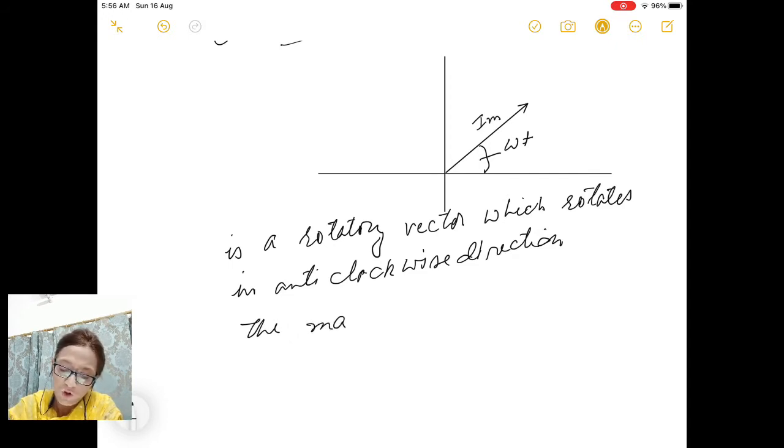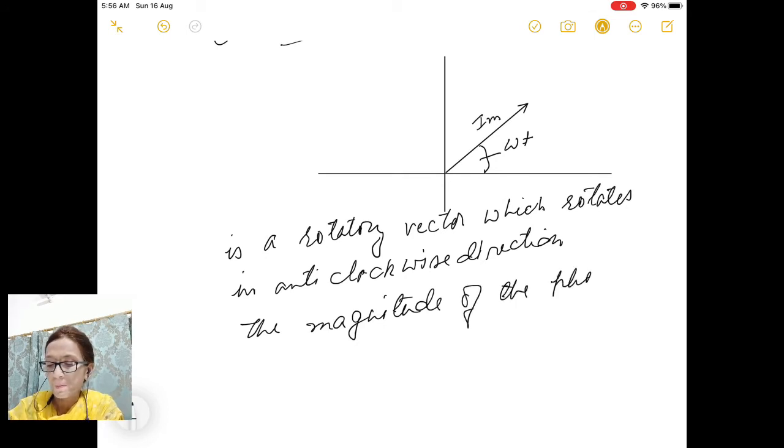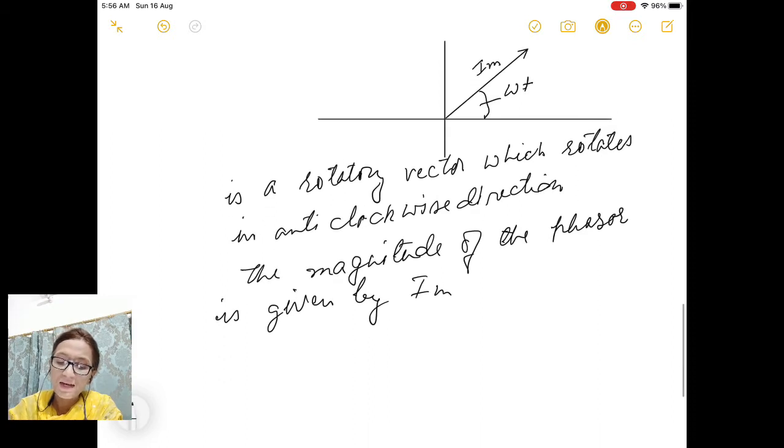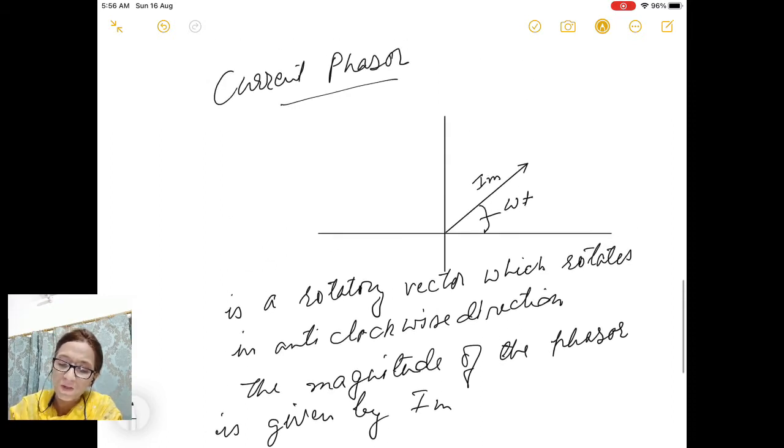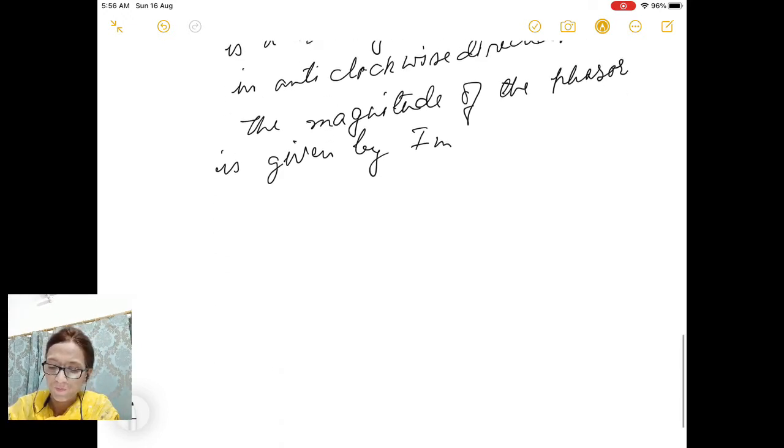The magnitude of the phasor is given by Im, and its perpendicular component, here you can take its perpendicular component, will give you the instantaneous current.